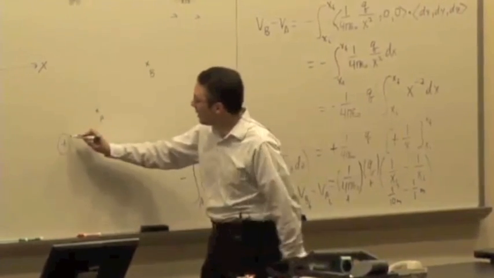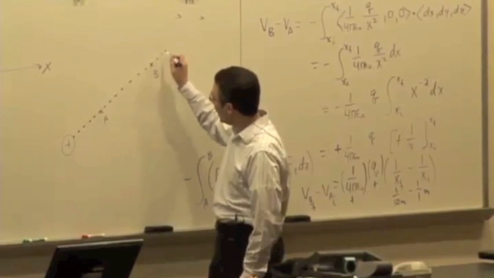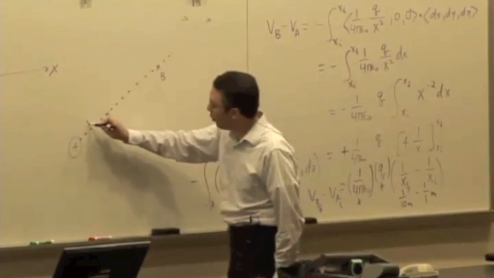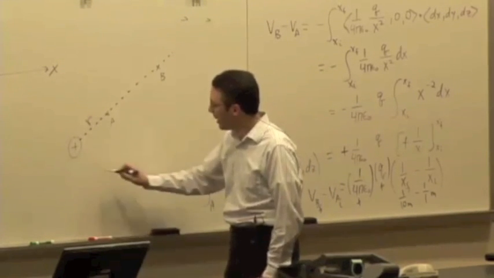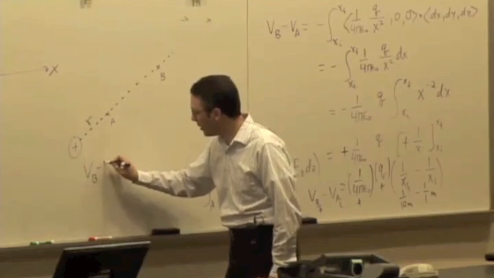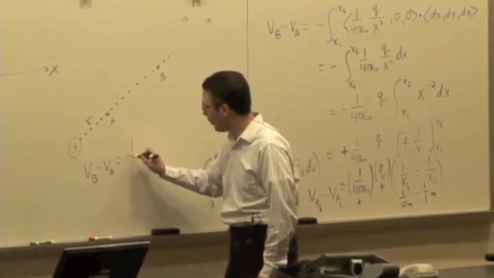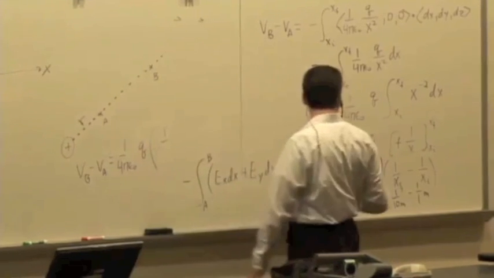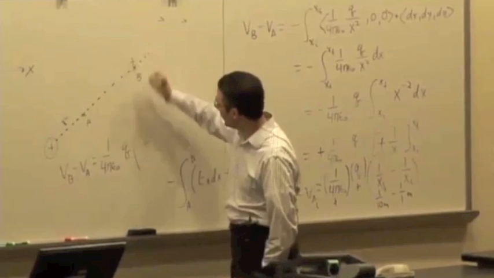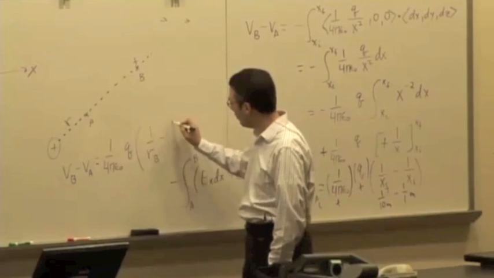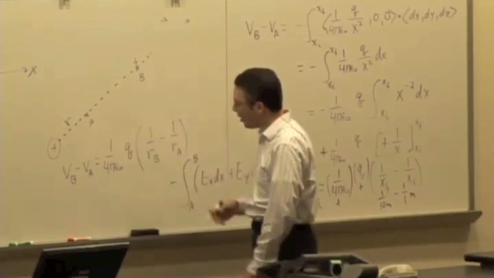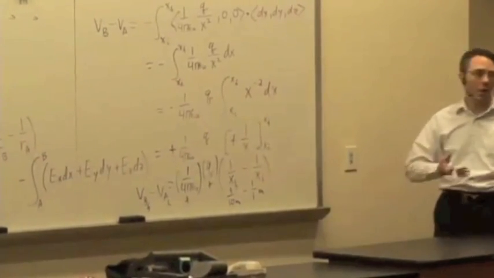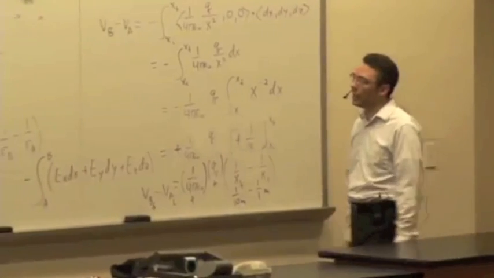Well, it doesn't really matter, because again, I'm doing the same sort of calculation just along a straight part of the path, and so I can just call that distance away, as we usually do, r, and I could write then VB minus VA is equal to 1 over 4 pi epsilon 0 Q, 1 over R final. Well, again, this is final. Let me call this R sub B minus 1 over R sub A. Okay. All I'm doing is changing the name of this distance variable, just calling it R, what we usually call it, instead of X.